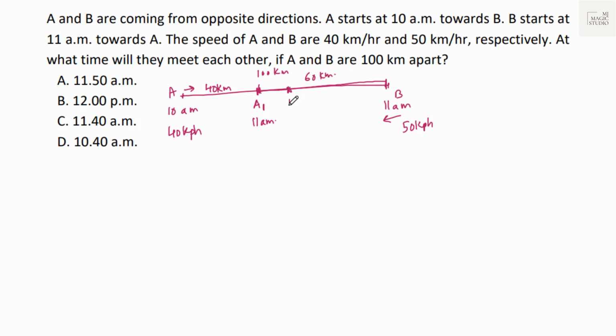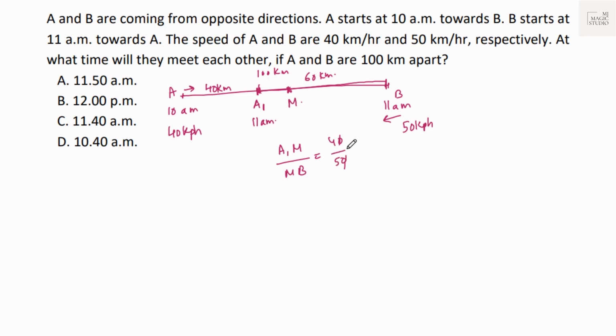Suppose they meet at point M. Then A1M by MB is nothing but the speed ratio of train A and train B. Distance ratio is equal to the speed ratio if their starting time is the same. If the starting time is the same, then at the point of meeting, distance traveled ratio is equal to speed ratio. D1 by D2 will be equal to S1 by S2.